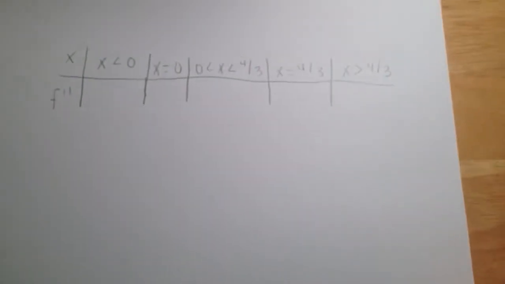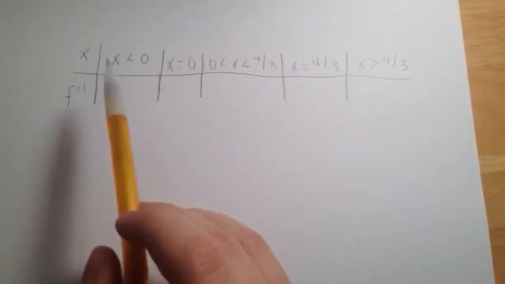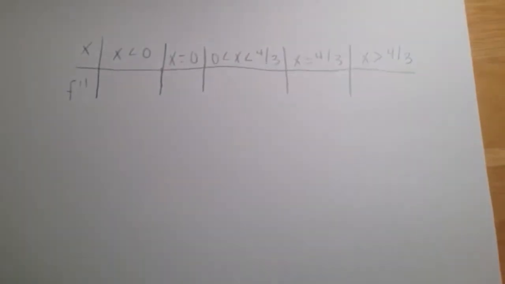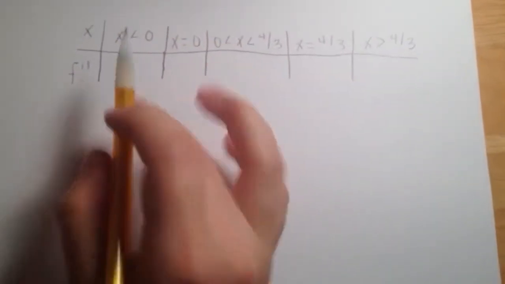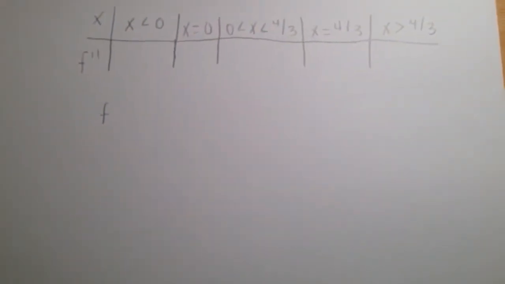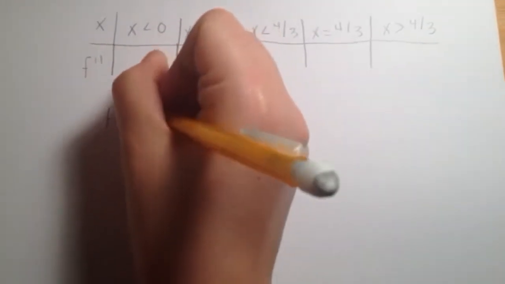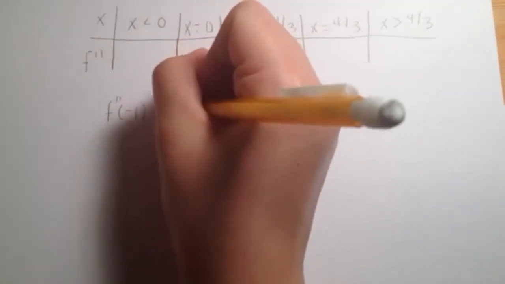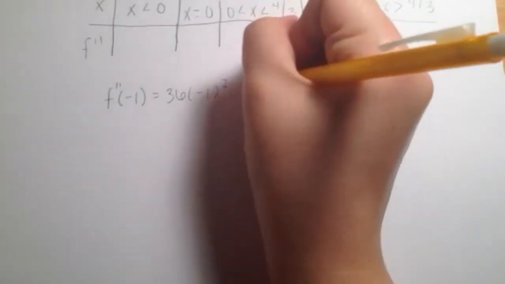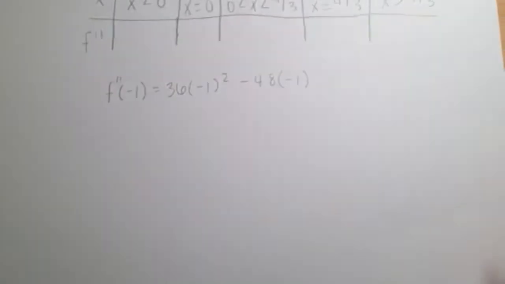To find out if the second derivative is positive or negative, we will plug in numbers within the ranges we found into the function. So we'll plug in a number less than 0, which I used -1. So 36 times -1 squared minus 48 times -1.